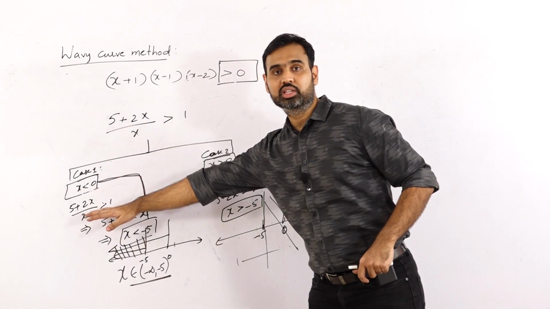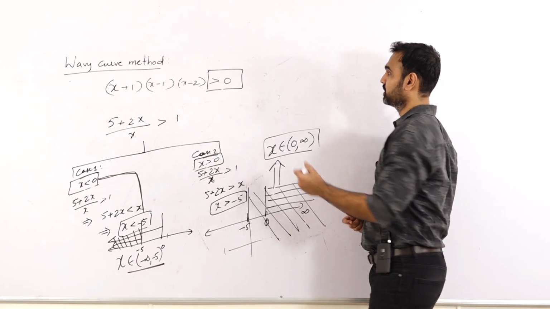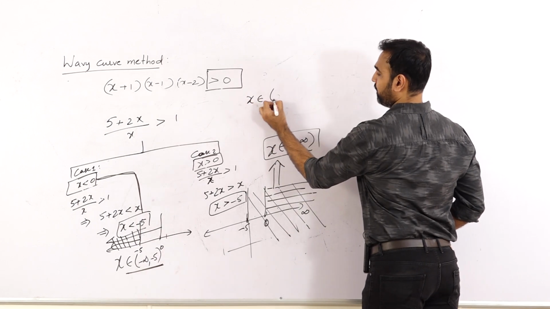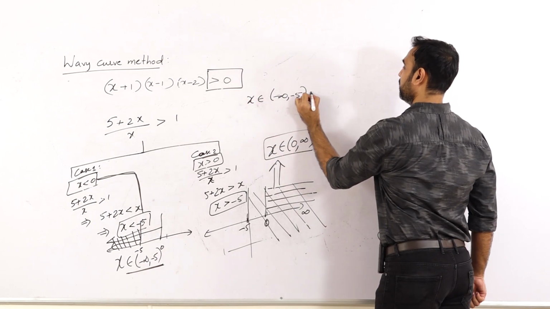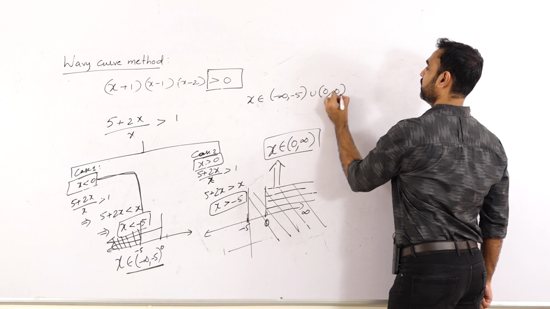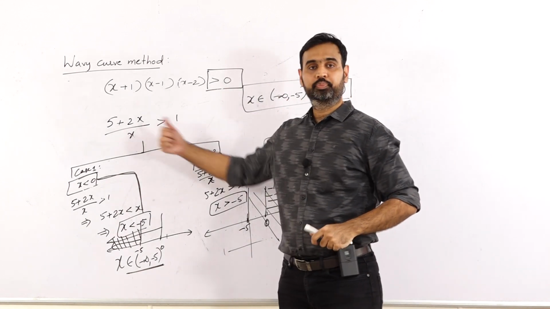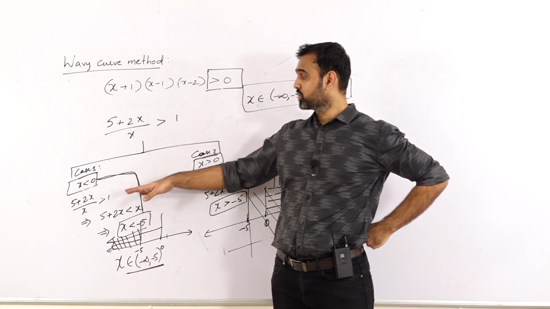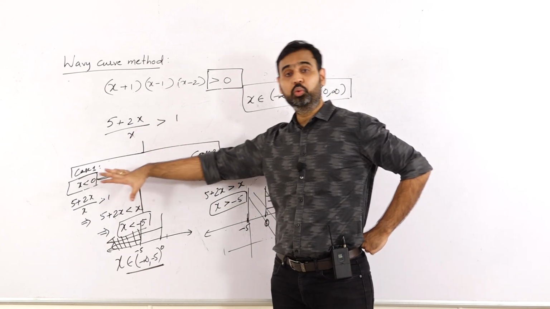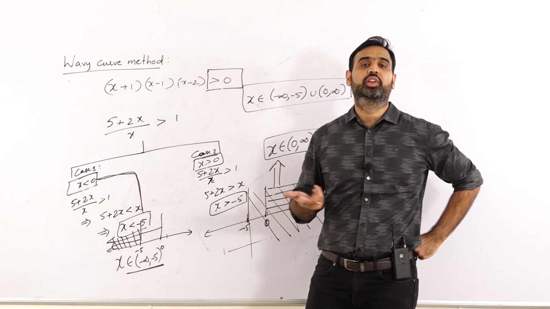This is a different case and this is a different case. The final answer is x belongs to minus infinity to minus 5 union 0 to infinity. This is the final value of x when you solve this inequality. Alright, so how did we solve? We considered the whole thing in two cases. Why? What is the necessity of taking two cases?